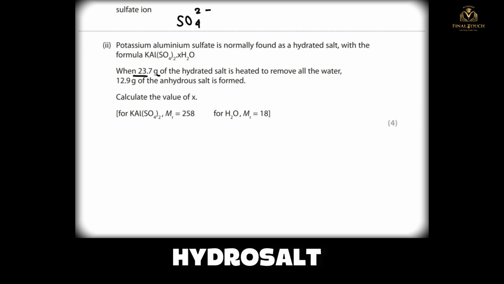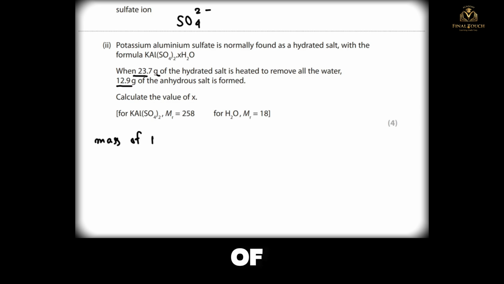And after the anhydrous salt is formed, we have this one. So we can just subtract 12.9 from 23.7 to find the mass of water. That gives us 23.7 minus 12.9. So that gives us 10.8 grams.